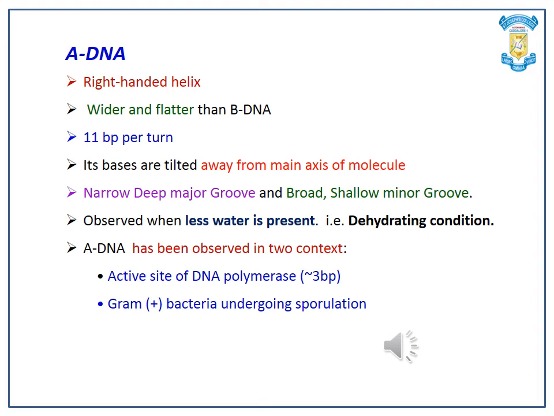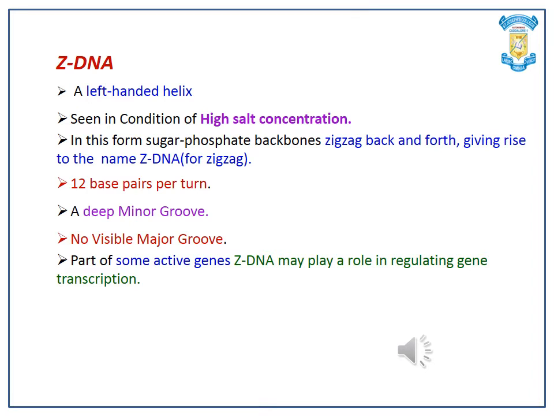It has a narrow deep major groove and a broad shallow minor groove. It is observed when less water is present, that is, dehydrating conditions. A-DNA has been observed in two contexts: the active site of DNA polymerase, and in gram positive bacteria undergoing sporulation. Next, Z-DNA.